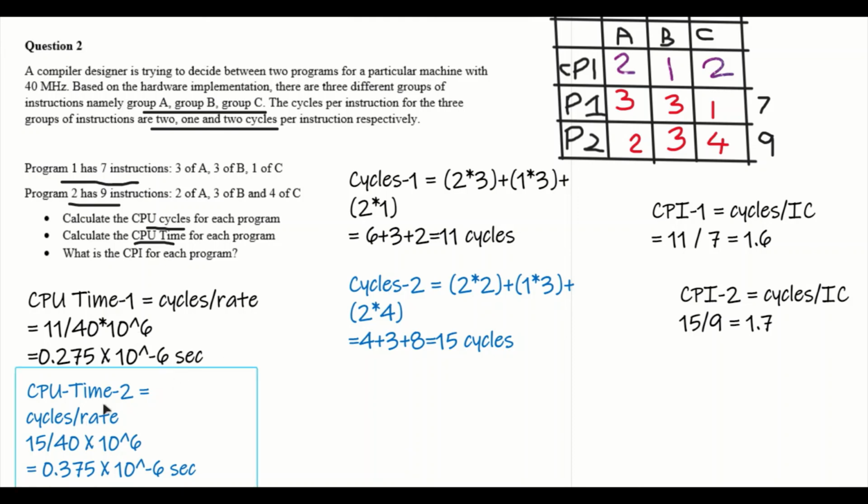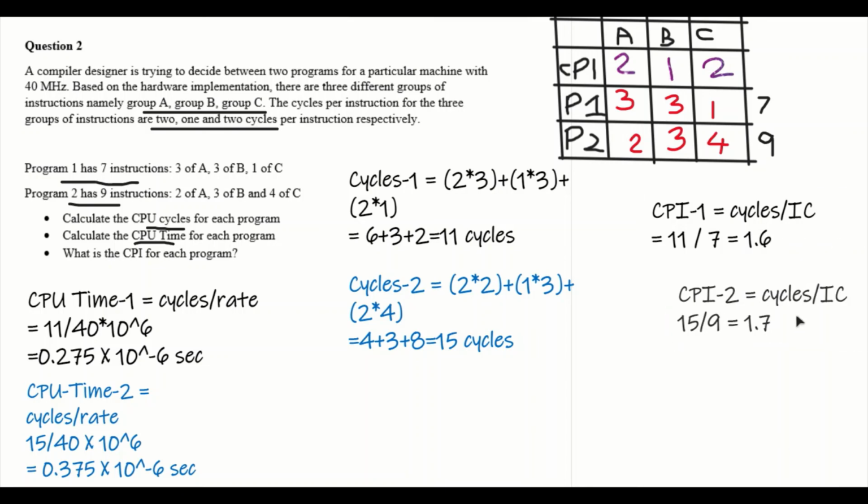I do the same thing for program 2. And the question asked me to calculate the CPI. Very simple: CPI means cycles divided by the total number of instructions. Instruction count, IC. How many instructions? For program 1, there are 7 instructions. For program 2, there are 9 instructions.